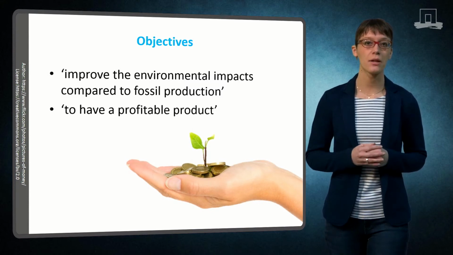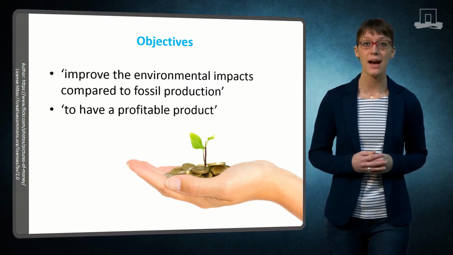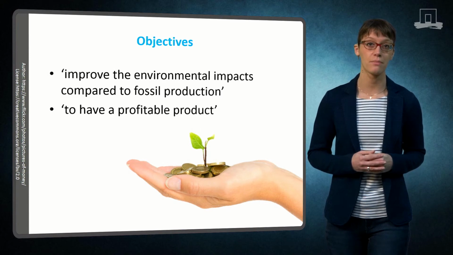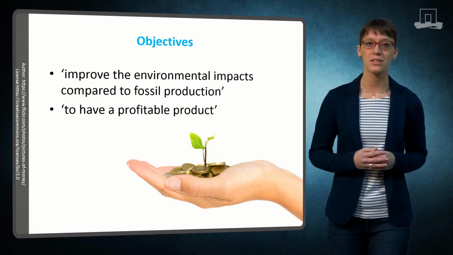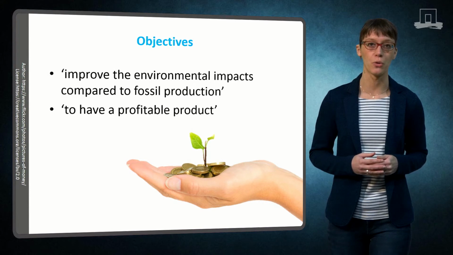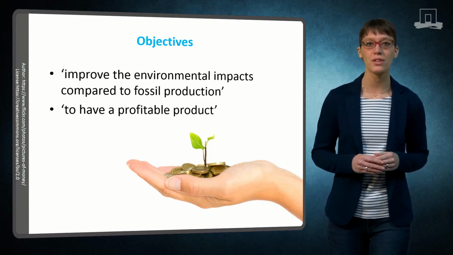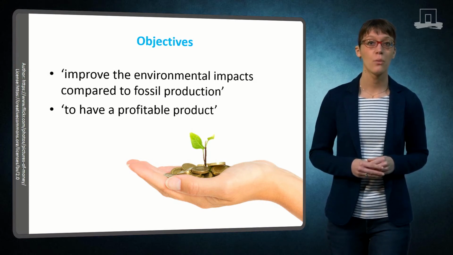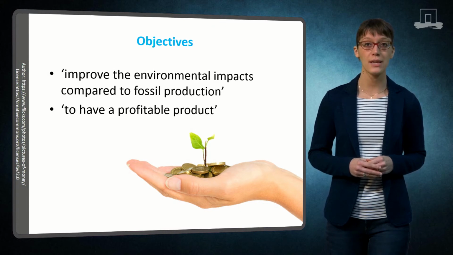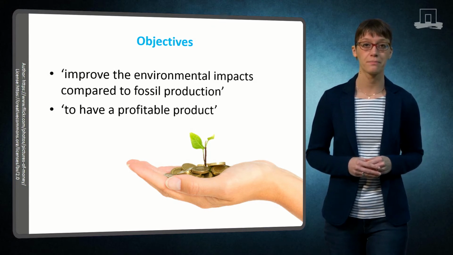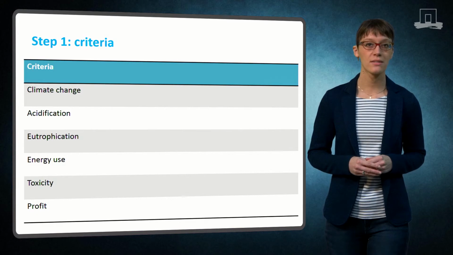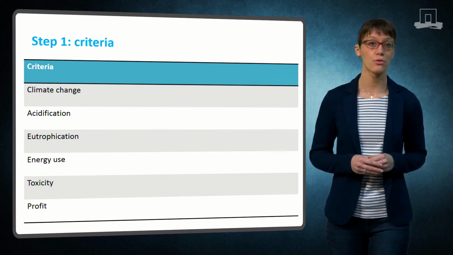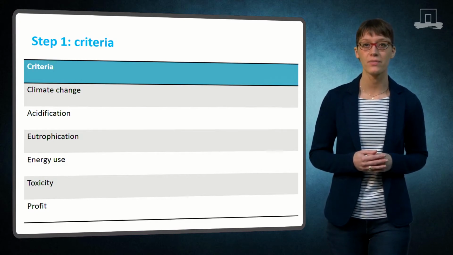These objectives are the basis for defining the criteria that define these objectives. It is very important that these criteria are measurable. It is also important that they are not redundant, which means that they should not count on an aspect more than once.